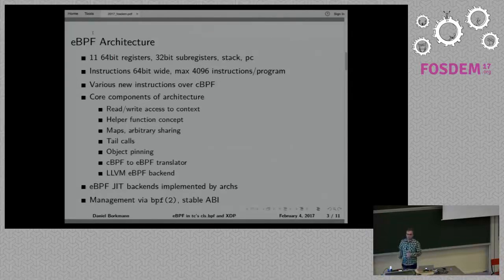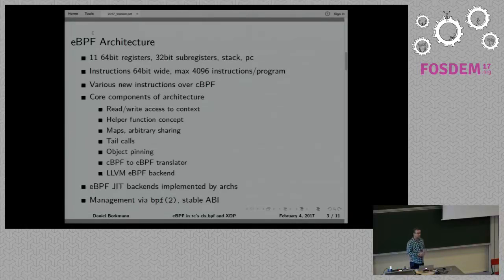Then there are maps. Maps are efficient key-value data structures that can be shared arbitrarily, which means one or multiple eBPF programs can access that map, or user space can read or update data from it at the same time.